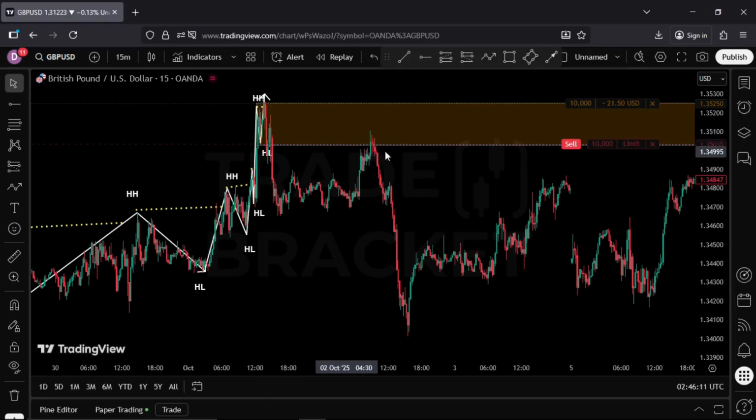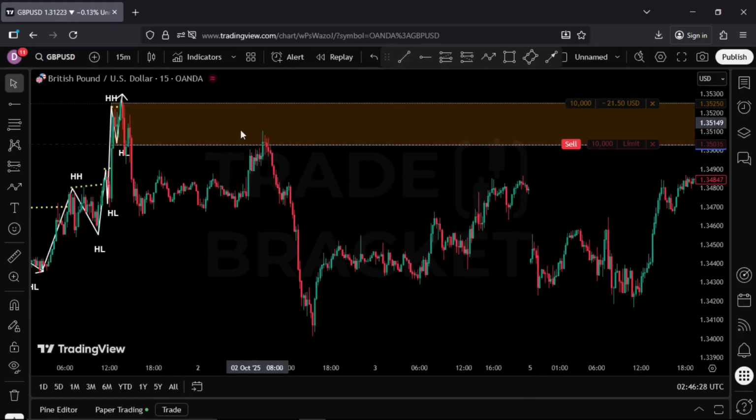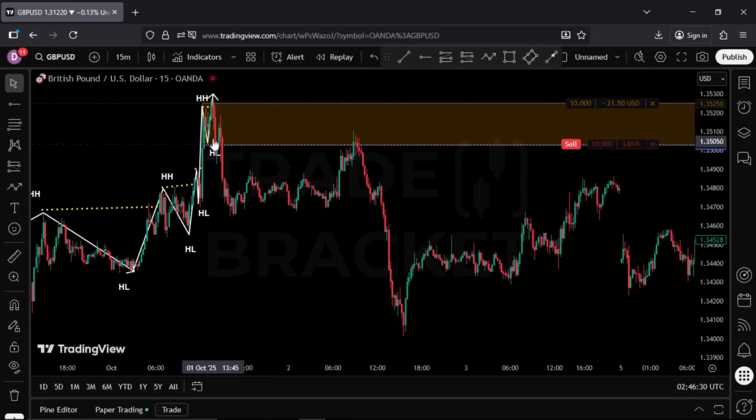Okay, so let's say you open your charts and price already broke the last higher low, and price had already pulled back. That means you won't be drawing your alerts, you won't be drawing your pending orders. You will just go ahead and place this trade manually, because we're already past that level.